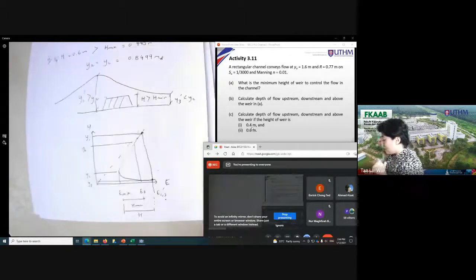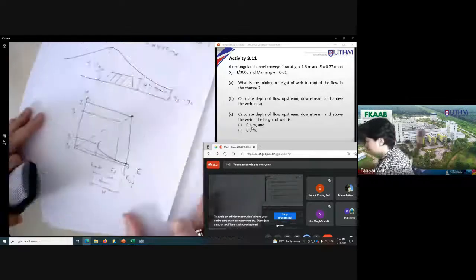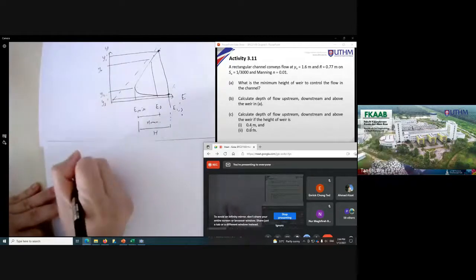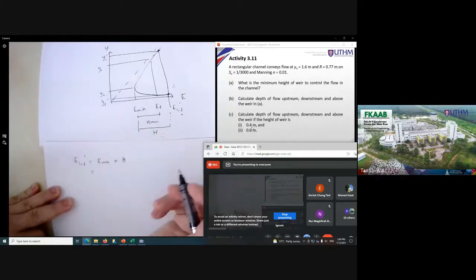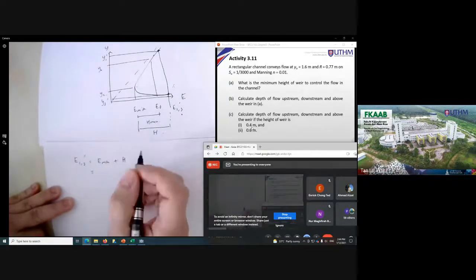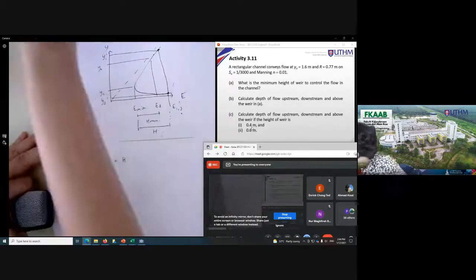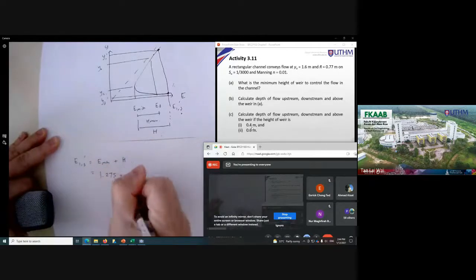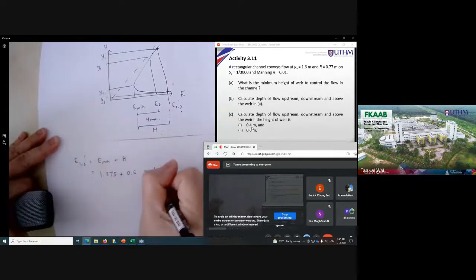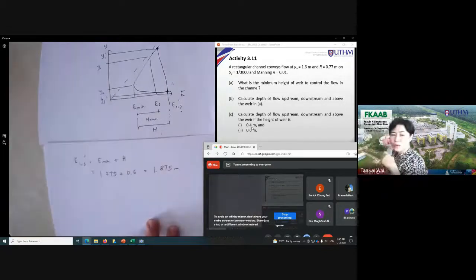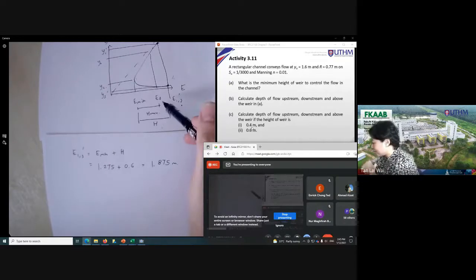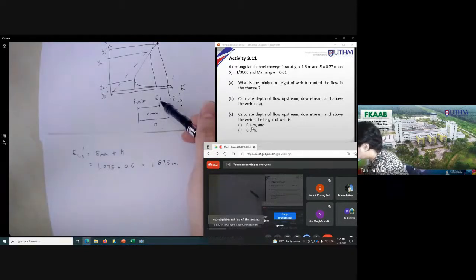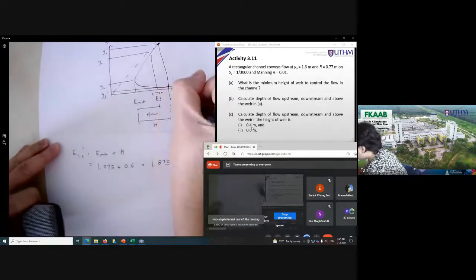Therefore we can find E13, which is E mean plus H. So E13 prime is 1.875 meter. Of course it is greater than E naught lah. Your E naught earlier is 1.72. This is 1.875.